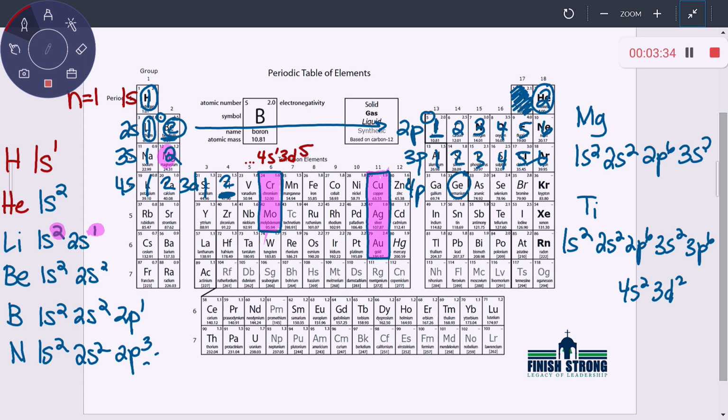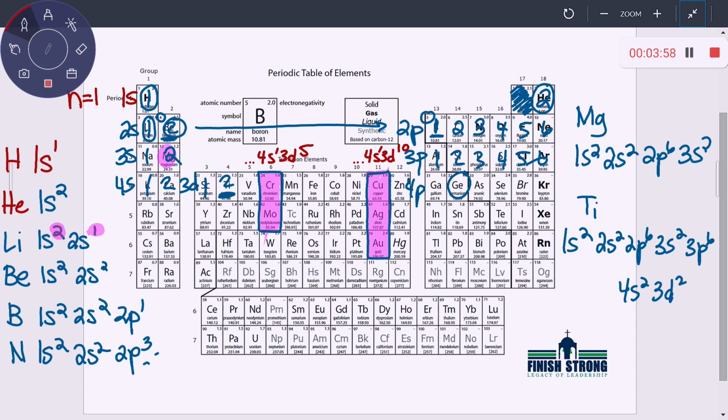It will jump over and half fill the D. So you want to end these two on an S1, D5. For these here, copper is going to be another 4s1, but it will be 3d10. So copper, silver, and gold will be an S1, D10.